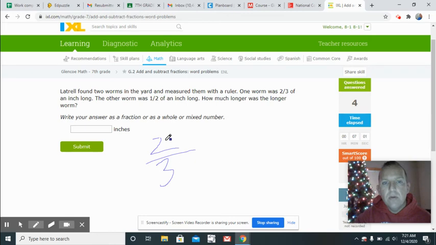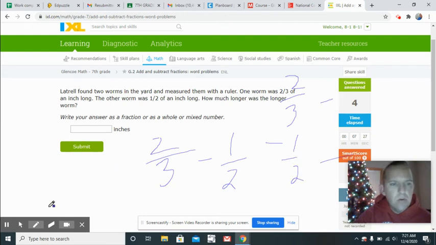Well, first of all, 2/3 is longer than 1/2. If you did not know that, you could do 2 divided by 3, which is 0.666 repeating, 1 divided by 2, which is 0.5. So we do 2/3 minus 1/2. Now, the easier way to do this, let me go ahead and stack them. We have to find a common denominator. So the common denominator for 3 and 2, let me go ahead and change my color, which is 6, because 3 can go into 6, 2 can go into 6.